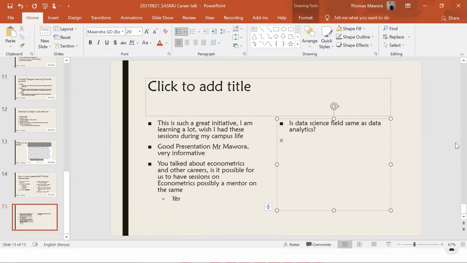There is a question: is the data science field the same as data analytics? I will say this: data science is broader than data analytics.